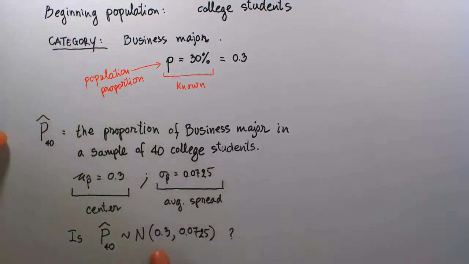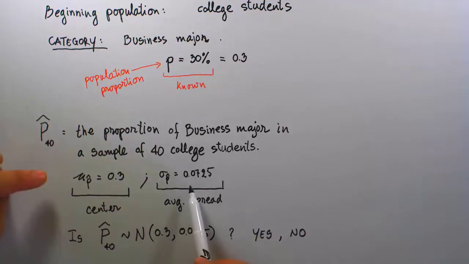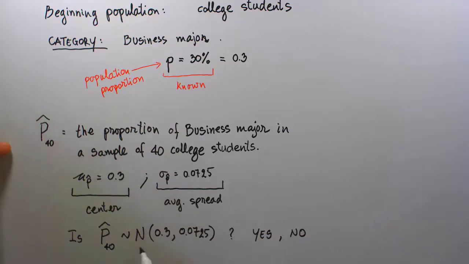Is it true or not that this sampling distribution of the proportion capital P hat 40 is normally distributed? The answer is simply a yes or a no, and we are going to spend some time finding out how we can say yes or no to a question like this. Since we already knew the center and the average spread, the primary concern is the shape of this sampling distribution.